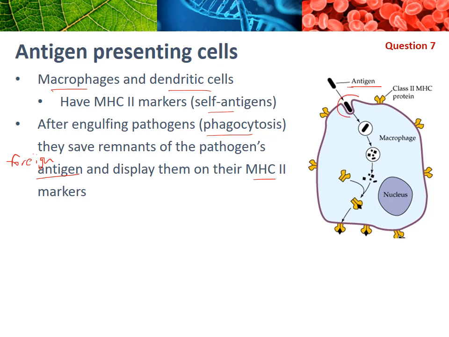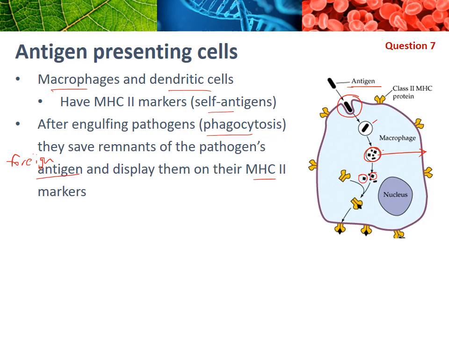Endocytosis occurs here, so the pathogen enters. We have a phagosome there, and then the enzymes break down the antigen and the pathogen into really, really small pieces. Now what is kind of different here, we would still get most of the waste getting removed from the cell, like it would in phagocytosis. But what is special about these cells is they hold on to a few of these pieces of antigen.